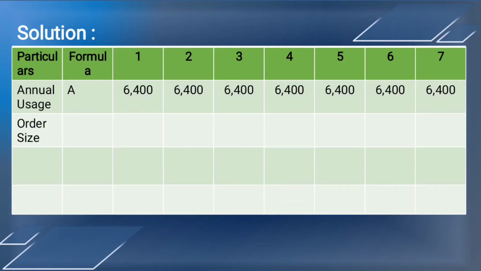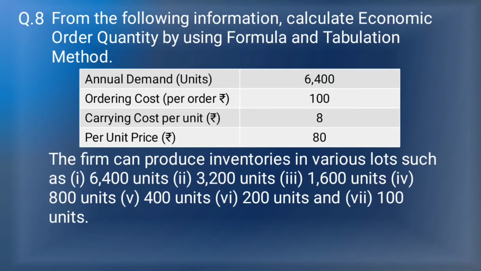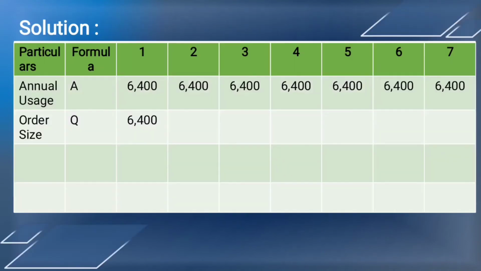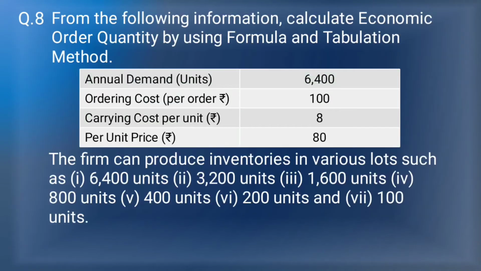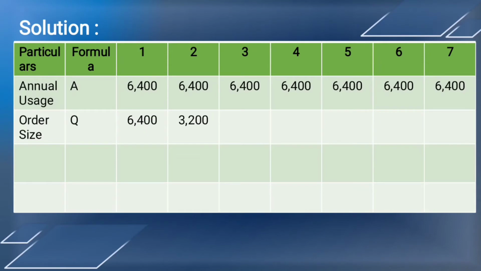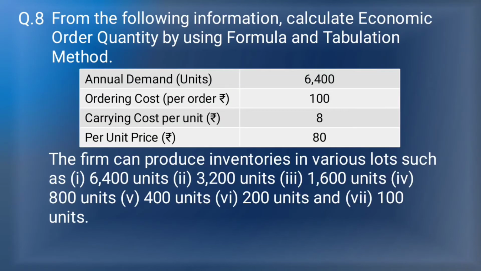Next we'll record order size, which is denoted as Q. So the order size for lot 1 is given as 6,400 units. So we'll record 6,400. For lot 2 it is given as 3,200 units. For lot 3 it is given as 1,600 units.